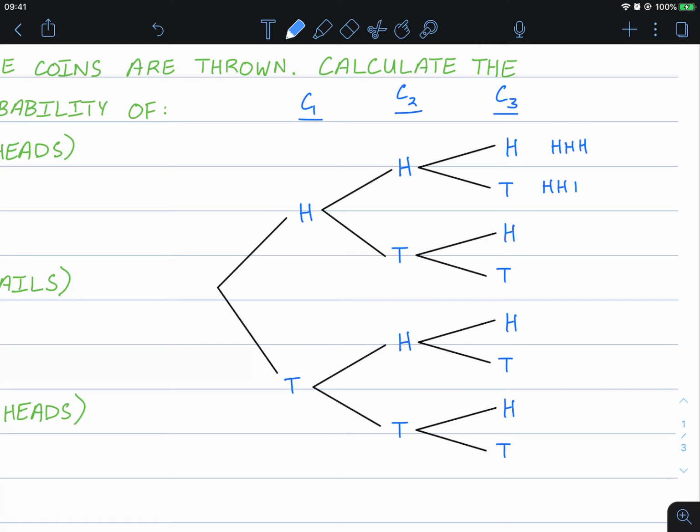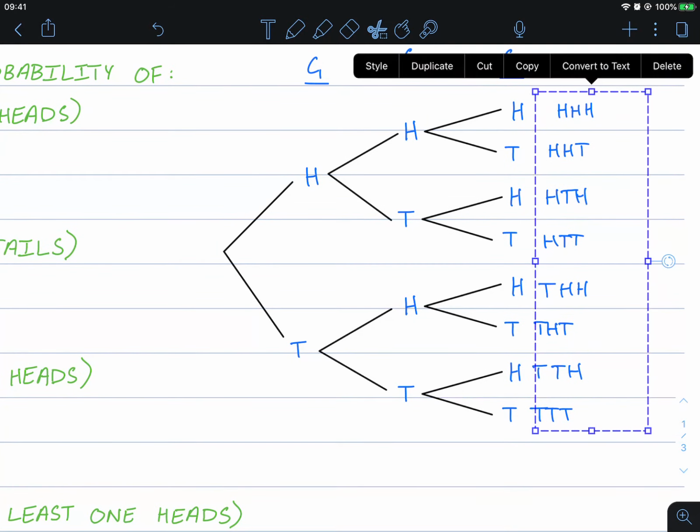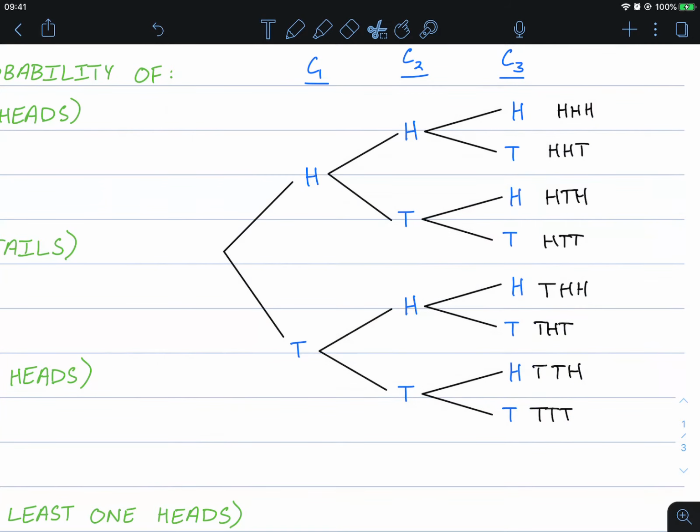So H, H, T. This one here is heads, tails, heads, and so on. So heads, tails, heads, heads, tails, tails, tails, heads, heads, tails, tails, heads, tails, tails, tails. Make this a different color so we don't get confused from the other one there. And there we have it.